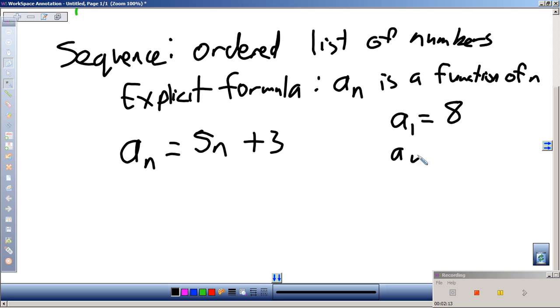So what would a4 be? 23. 5 times 4 plus 3. So when we see an explicit formula or ask for an explicit formula, it's a formula where I can say for the fifth term, I can plug in 5 for n, and it tells me what the fifth term is.